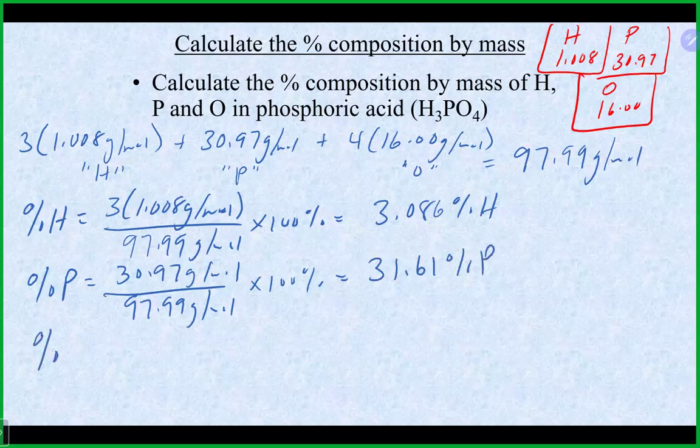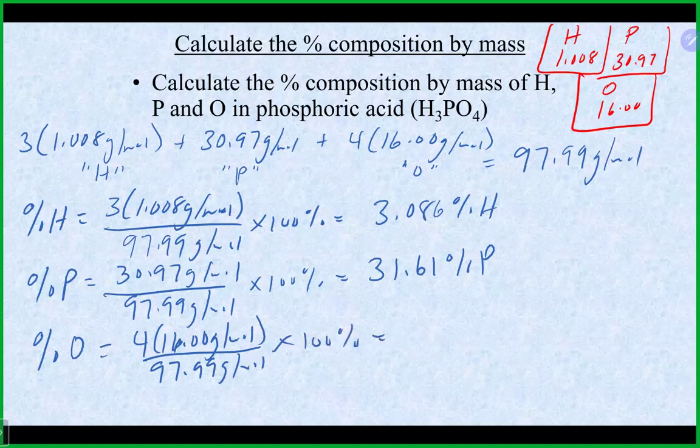And lastly, our percent oxygen: 4 times 16 divided by 97.99 times 100% gets us 65.31% oxygen.